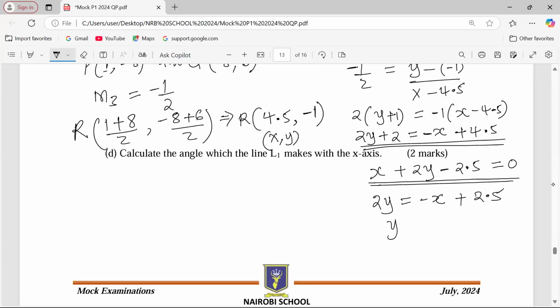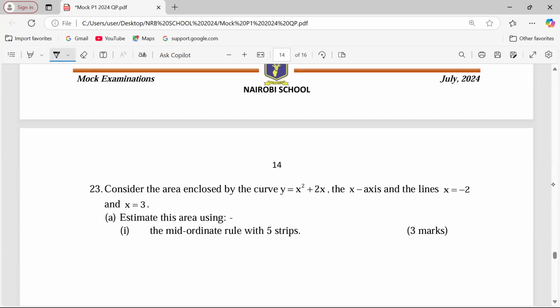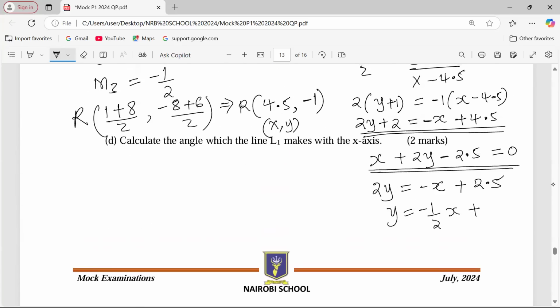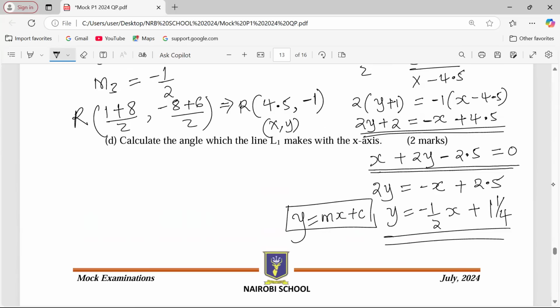So to remain with y, this is negative half x plus 2.5 divided by 2, to get 1.25. So the equation can still be in terms of y equals mx plus c, which is the general equation of any straight line. Yes, let's get to part D of this.